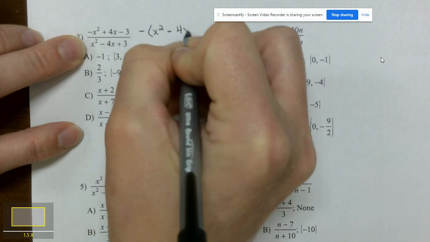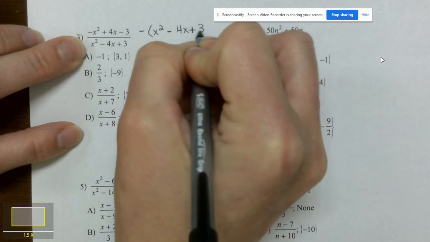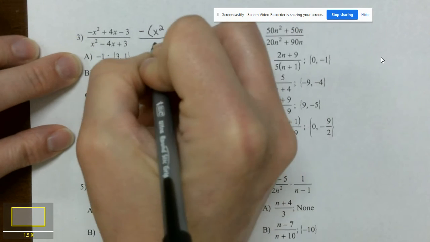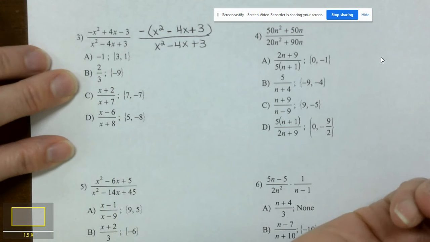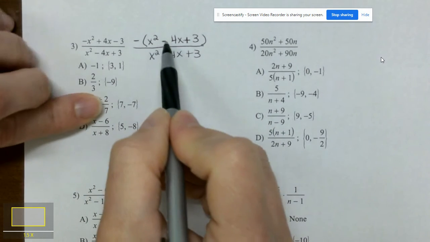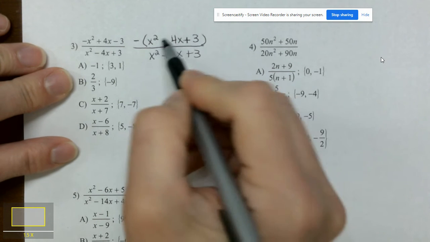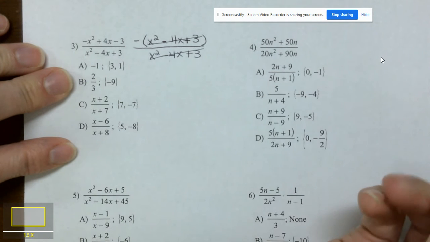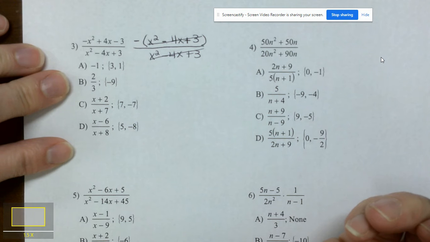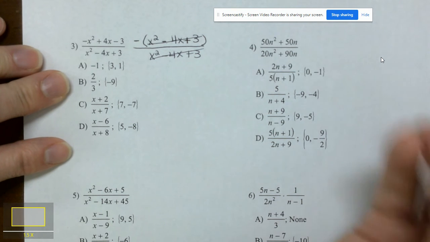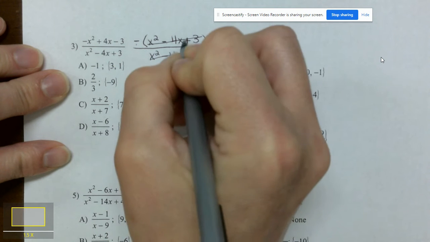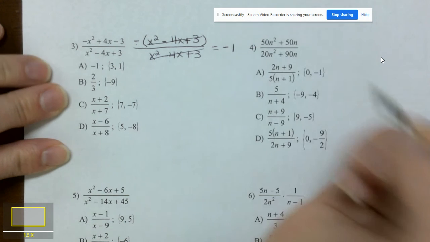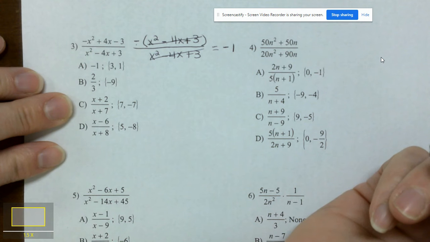It makes the 4x negative, and it makes that one positive. Now I want you to notice something. The bottom is x squared minus 4x plus 3. So these two things are the same, which means we can cross them out. And we didn't even have to factor. I originally thought we were going to have to factor, but we didn't. So we're just left with a negative out here, which means anything over itself is equal to 1. So our answer here is negative 1.